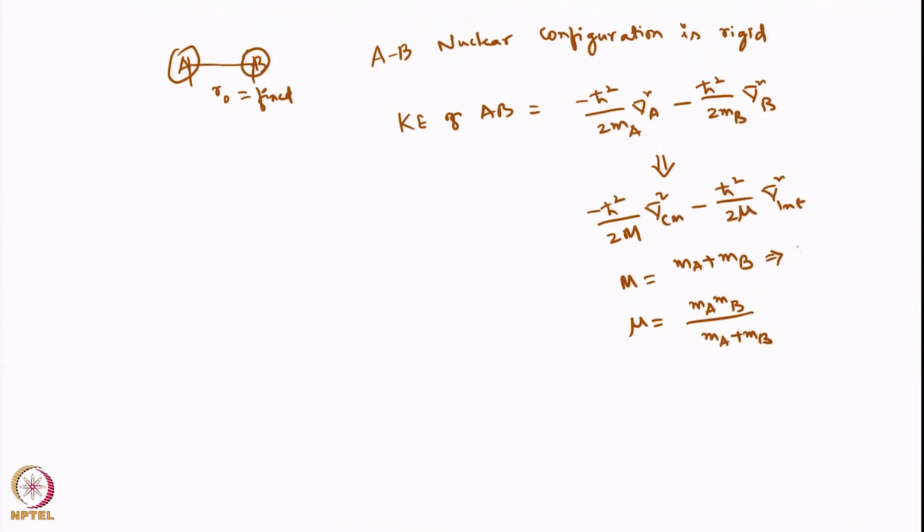This is the total mass, this is the reduced mass. And this transformation is called center of mass transformation.